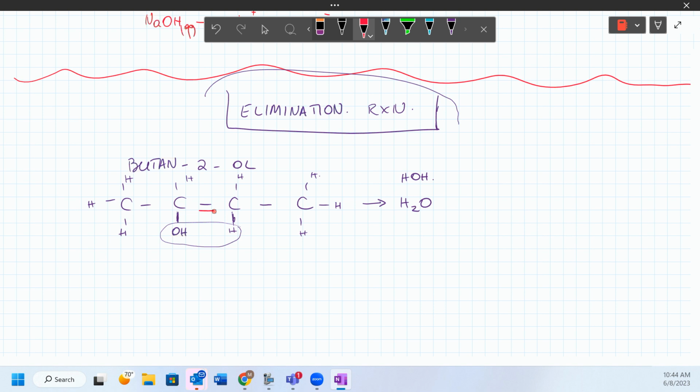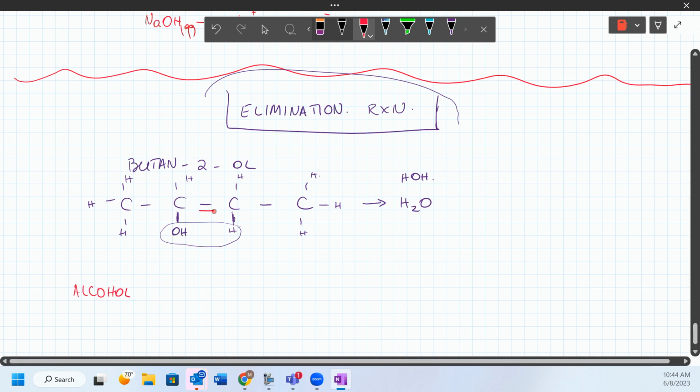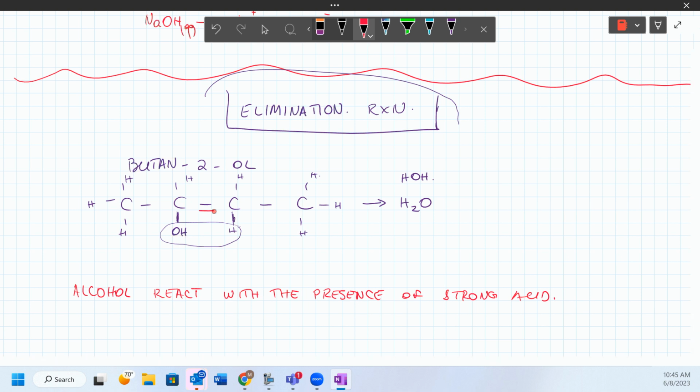So this is why when an alcohol reacts in the presence of a strong acid, which is just present but does nothing, you see only one reactant in this case.